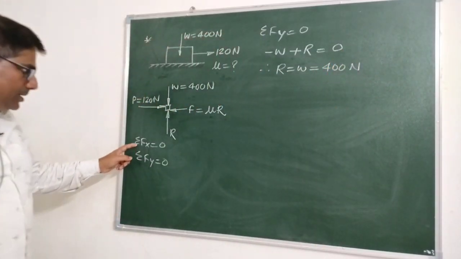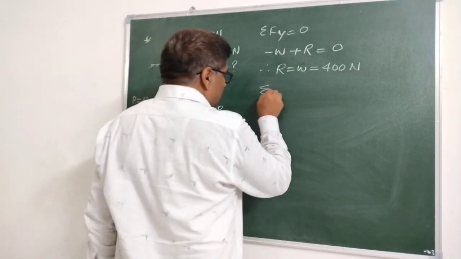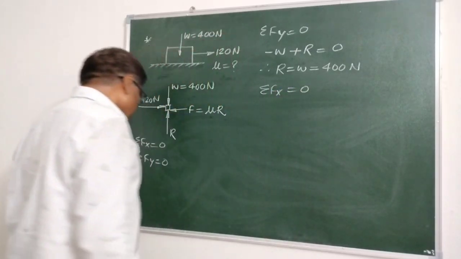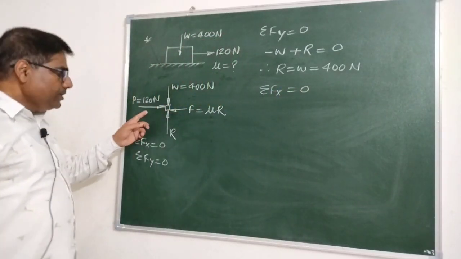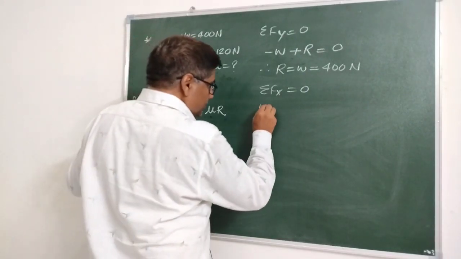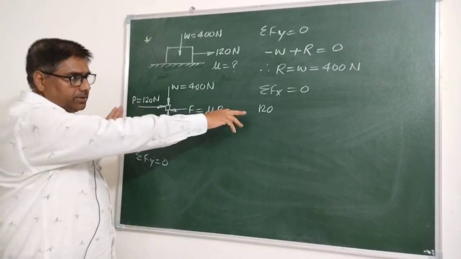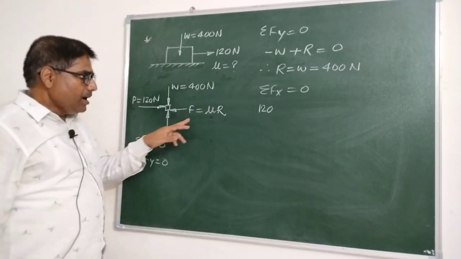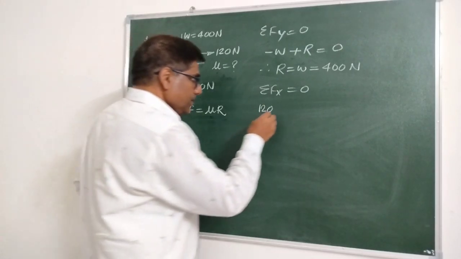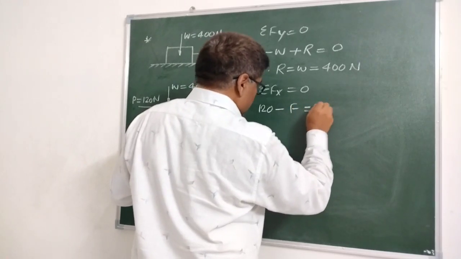Now let's apply first condition, that is sigma fx is equal to 0. Sum of all forces acting in x direction is equal to 0. Now in x direction we have two forces. This applied force P, which is 120 Newton, this is acting towards right, therefore it should be taken as positive, and this frictional force is acting towards left, therefore it should be taken as minus, is equal to 0.